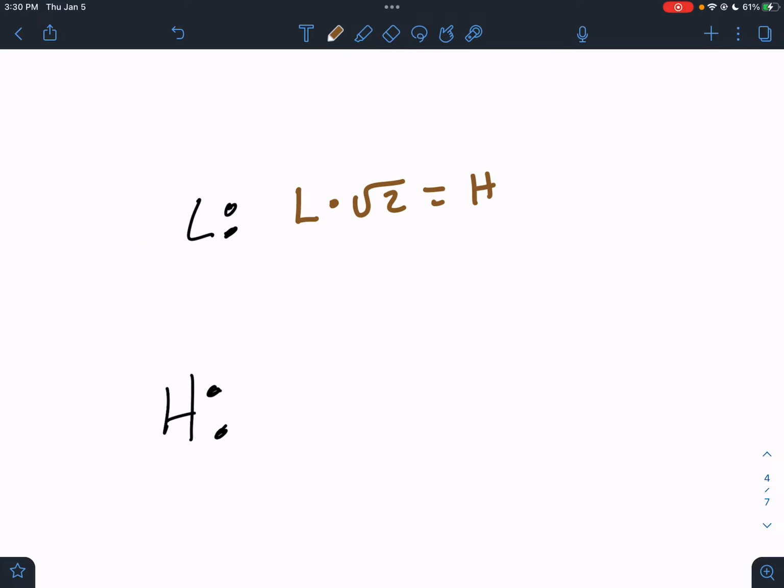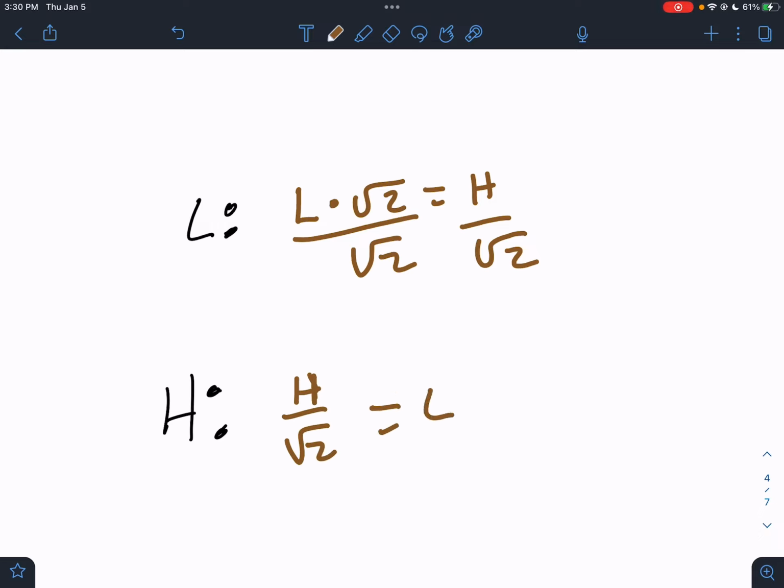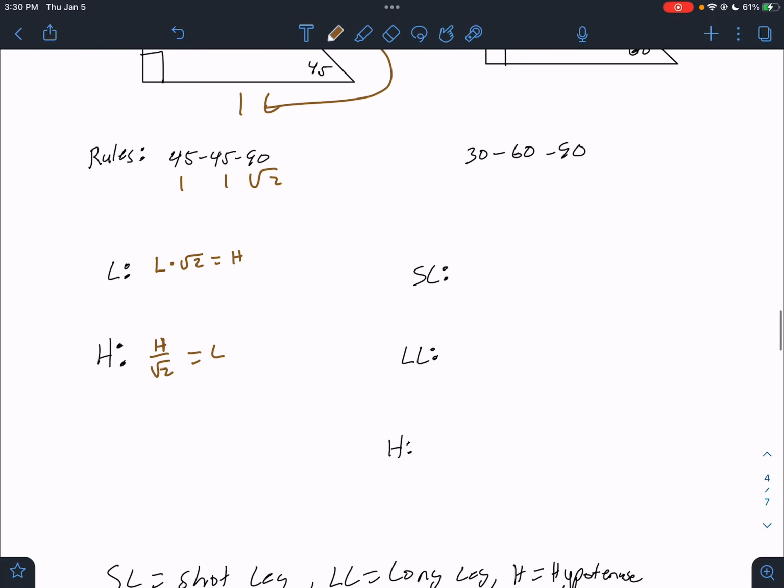If we know that this equals root 2, could we divide by root 2 on both sides and know that the hypotenuse divided by root 2 equals the leg? Yes. So if you have the leg, you're going to get bigger. In order to get bigger, you multiply by root 2. If you have the hypotenuse, you have to get smaller. To get smaller, you divide by root 2.